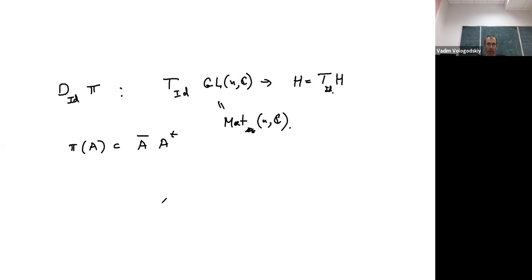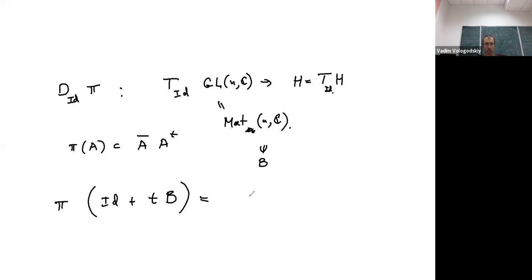If I have a matrix B here, I can look at identity plus t times B and think of this as a path in this group. When t is small, it's an invertible matrix, and this is how the identification between matrices and the tangent space works. So now I take this and apply pi to it.